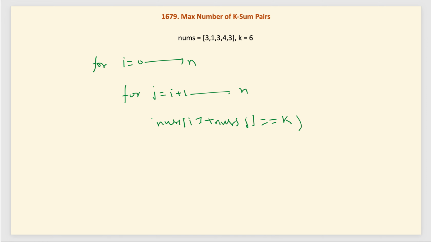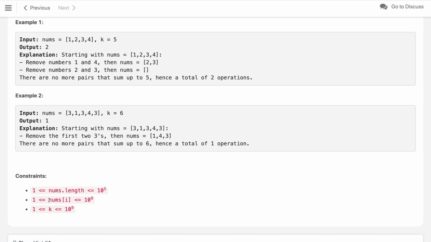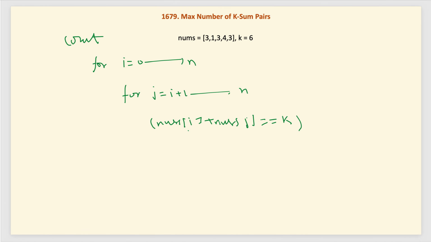So we will increment our count here, and also we need to somehow delete these two numbers from the array. Deleting is not better. So what we can do is update with some value. If we see the range of values of nums of i from 1 to 10 raised to power 9, we can fill 0 as a value to indicate that these two numbers got selected.